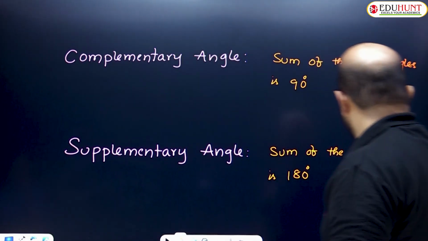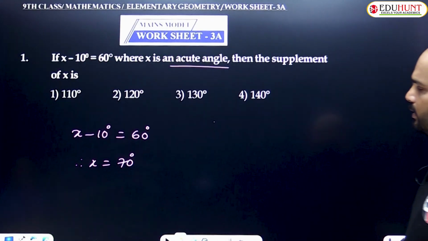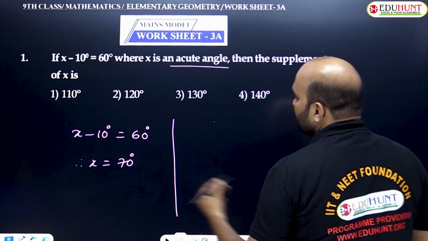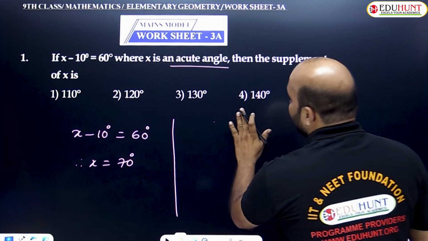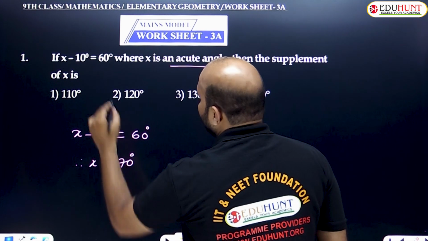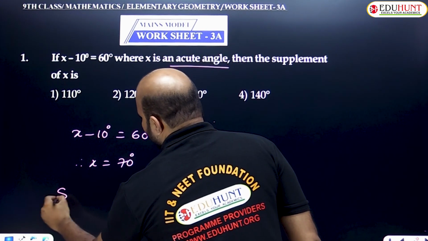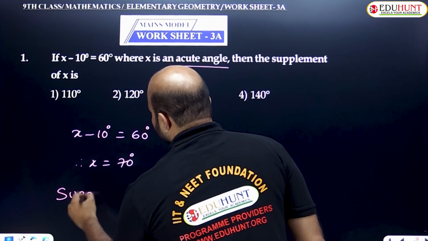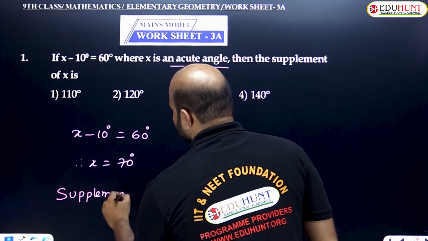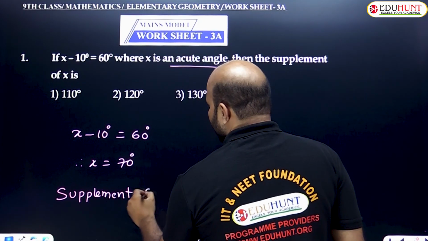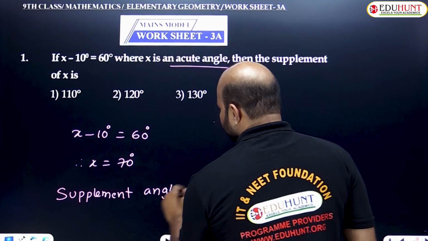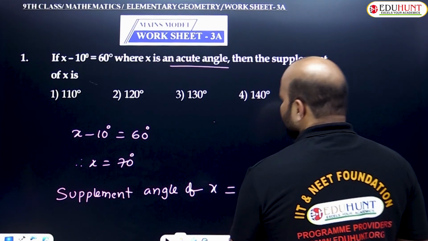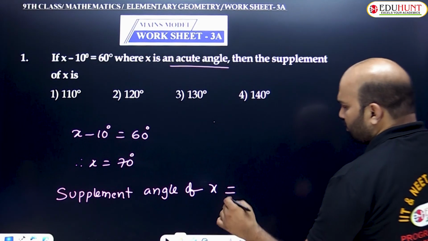Am I clear? We already got the x value 70, but the question is asking for the supplementary angle of x. The sum of the two angles equals 180, that is called supplementary.